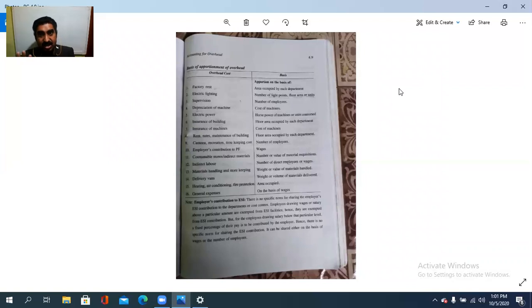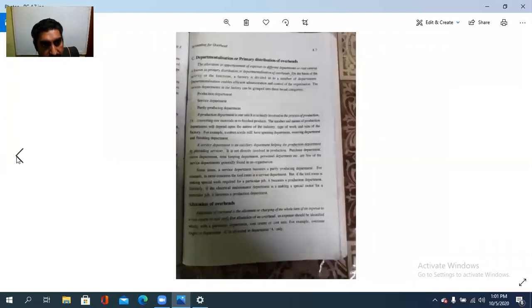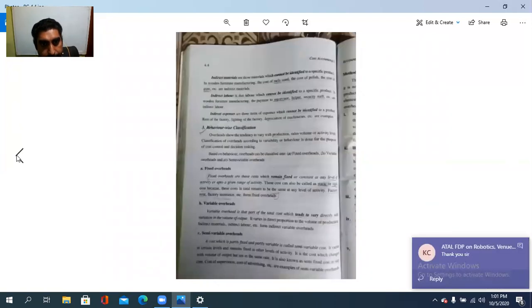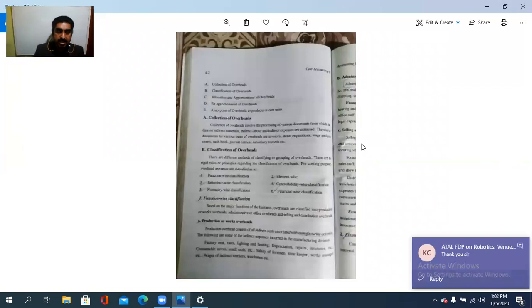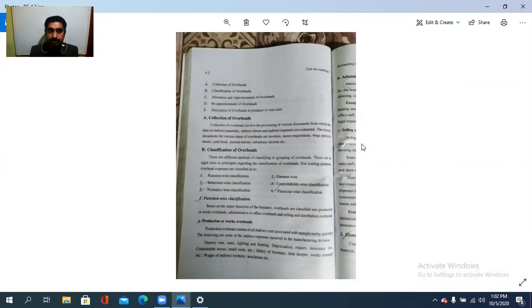There are several steps for charging, absorbing or linking the overheads to the cost unit. Collecting the indirect expenses from where? From the invoices, the journal entries, then subsidiary records. That is collection of overhead. Then we see classification of overhead.